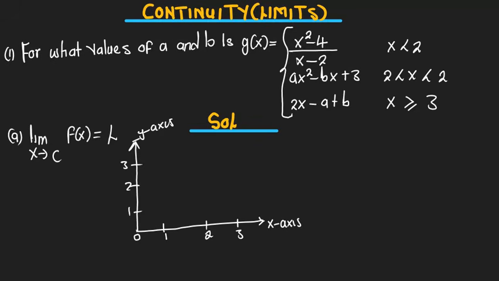If this c was a value, let's say 2, so we have the limit as x is approaching 2. As we approach 2 in the x-axis, you discover that there is a certain value I am approaching in the y.